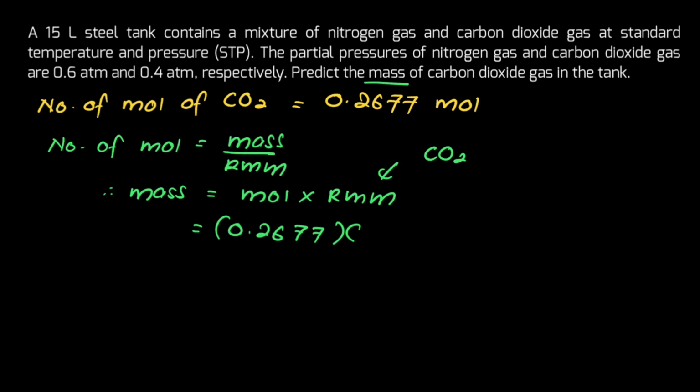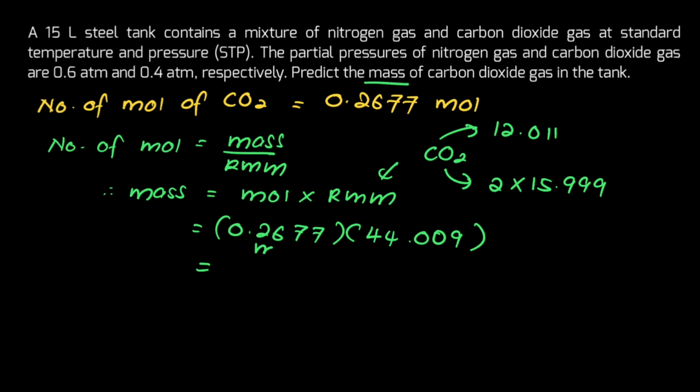Basically, carbon is 12.011 and oxygen, because there are 2 oxygens, is 2 times 15.999. So basically what you're going to have is 44.009.